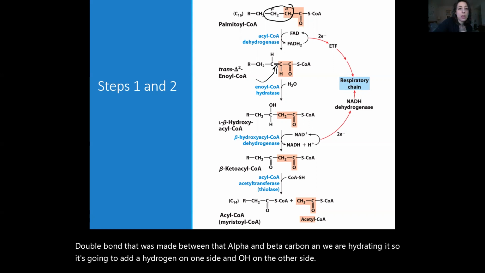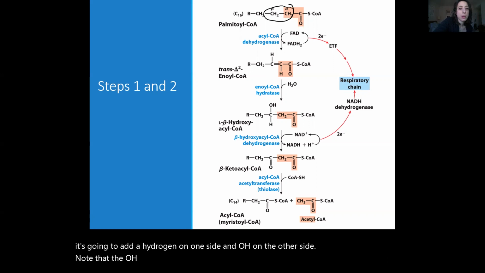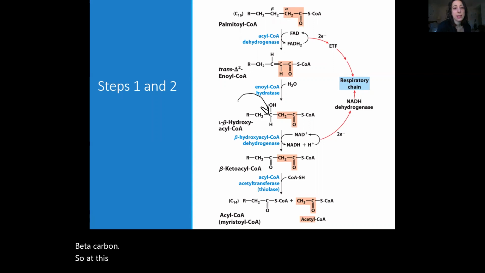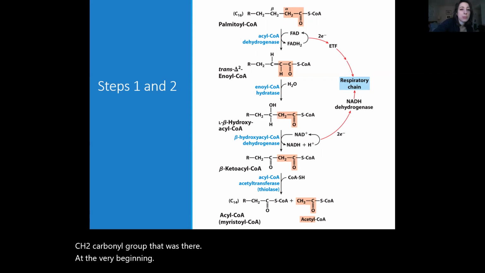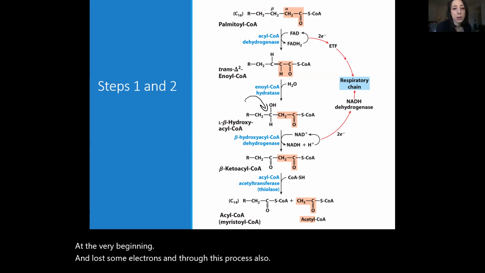Note that the OH group is actually forming on what was the beta carbon. So at this point, you can see we've essentially regenerated that CH2 carbonyl group that was there at the very beginning and lost some electrons, and through this process also made an OH group on our beta carbon.